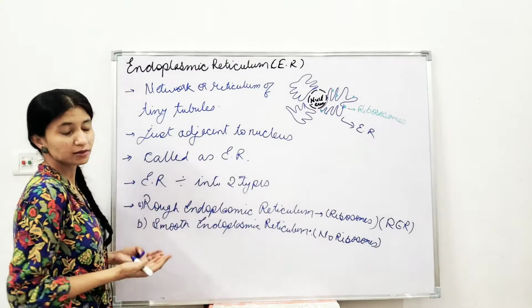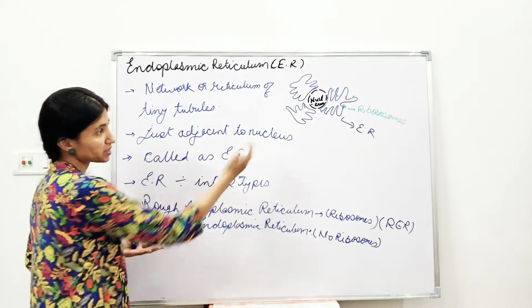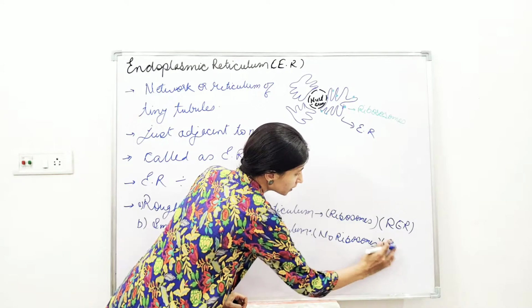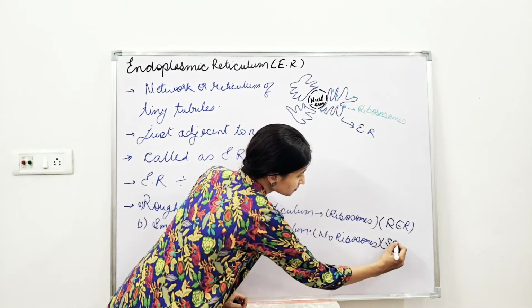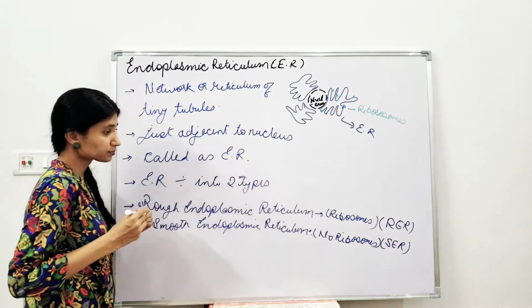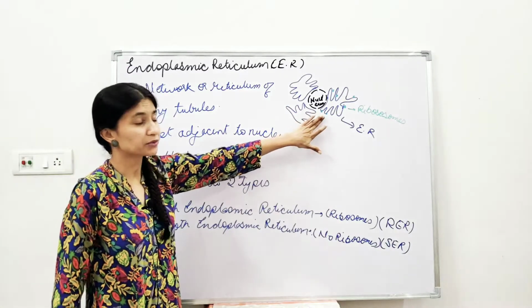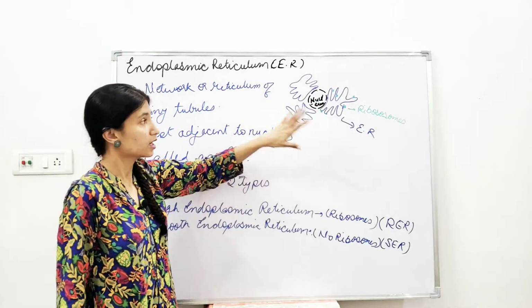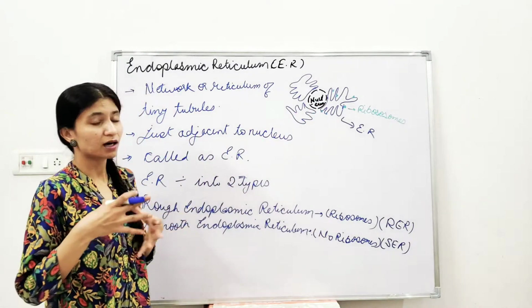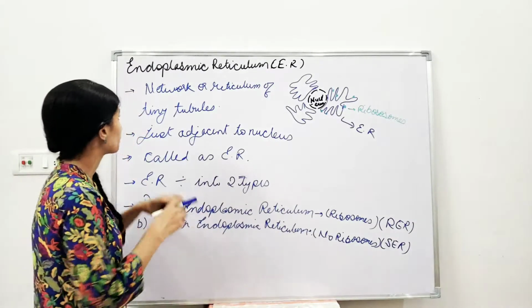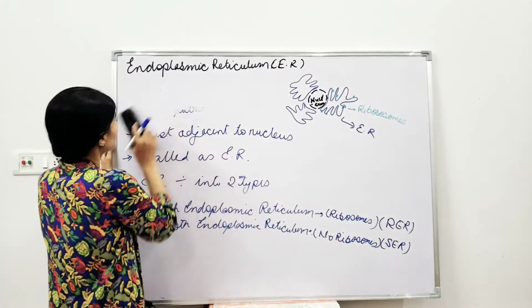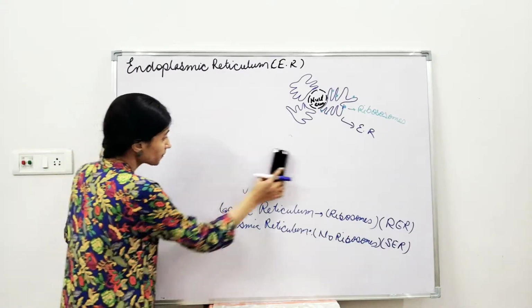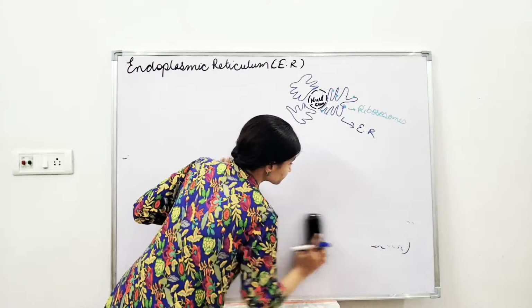And if the ribosomes are absent, which means there are no ribosomes present on it, like this one, it is called smooth endoplasmic reticulum, or SER. Now, both of these are different, so does the absence or presence of ribosomes play any crucial role?